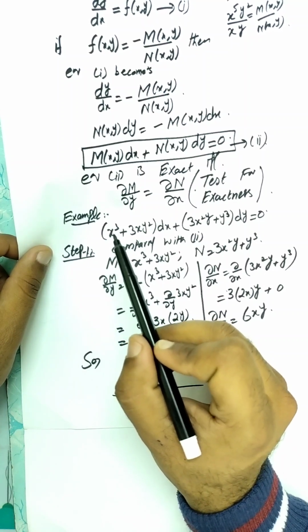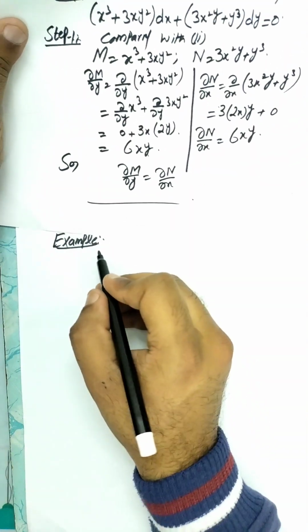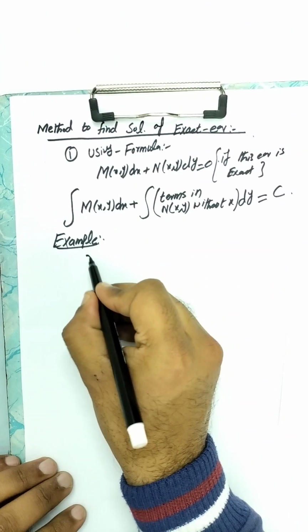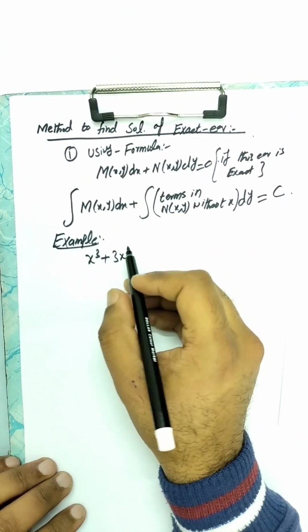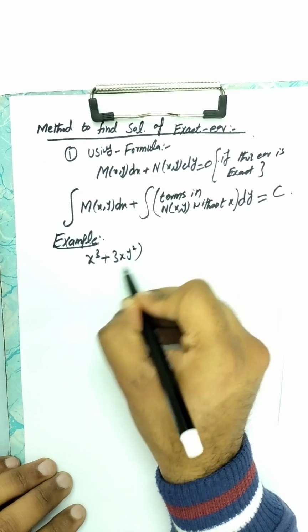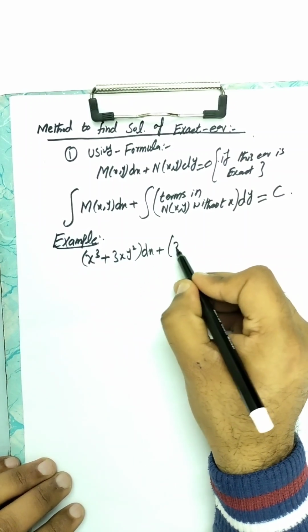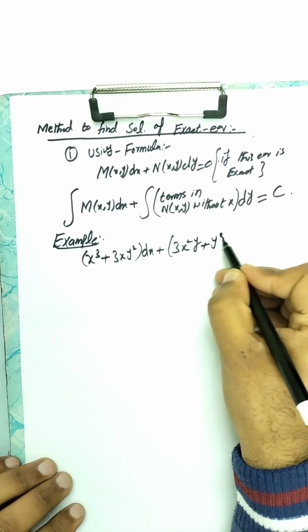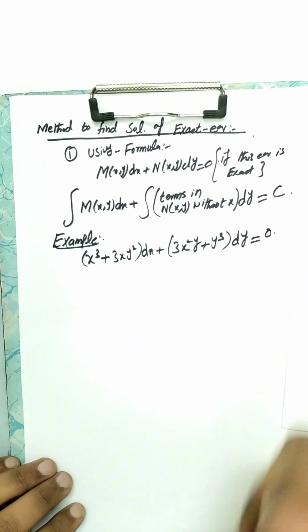We find the solution of this equation directly. So this equation is x cube plus 3xy square dx plus 3x square y plus y cube dy is equal to 0.